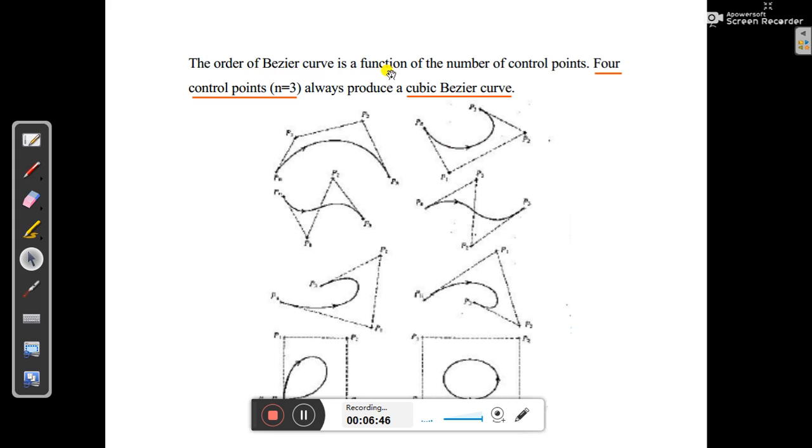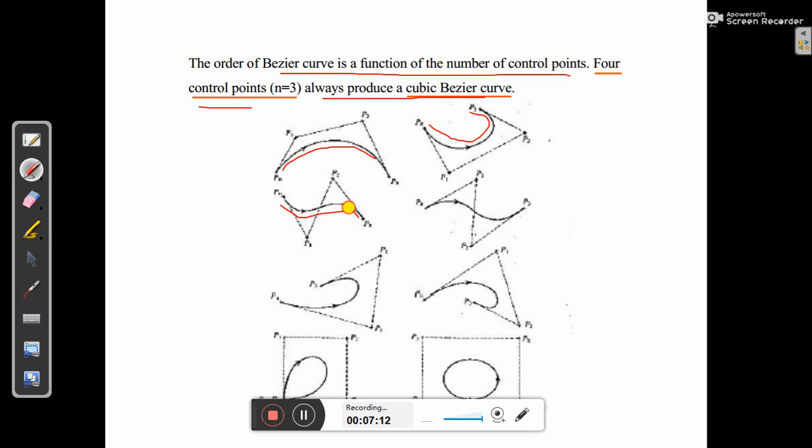So here, the order of the Bezier curve is a function of the number of control points. This is the important part here: the order of the Bezier curve is a function of the number of control points. For control points, n equal to 3 means segments of line is 3, and this always produces a cubic Bezier curve. This is a cubic Bezier curve, always produces that type of Bezier curve.